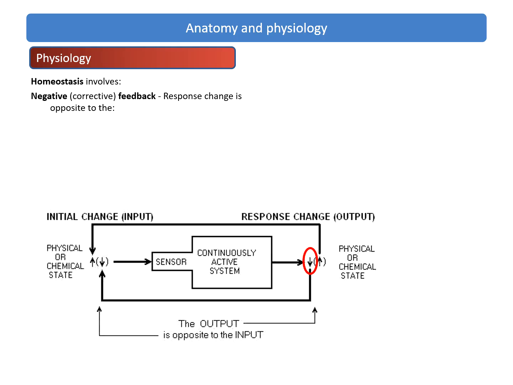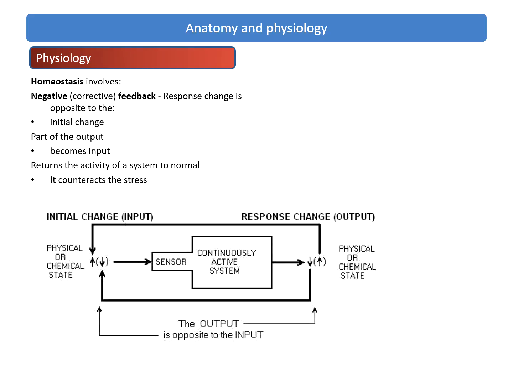Homeostasis involves negative or corrective feedback, in which the response change is opposite to the initial change. Part of the output becomes input. It returns the activity of a system to normal. It counteracts the stress. Negative feedback is very common in living systems.